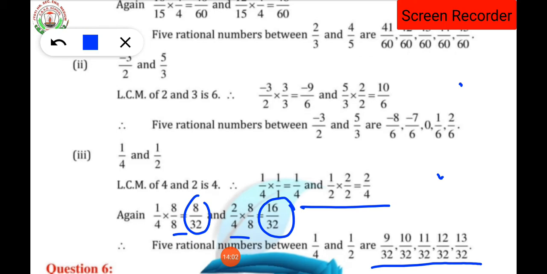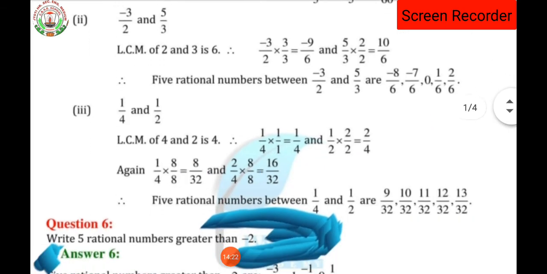Here we take only 5 rational numbers, because 5 are asked. Clear, everyone? Hope you understood the question, dear student. If you didn't understand, please ask me. I'm always ready to clear your doubt, but please message and ask me, okay?